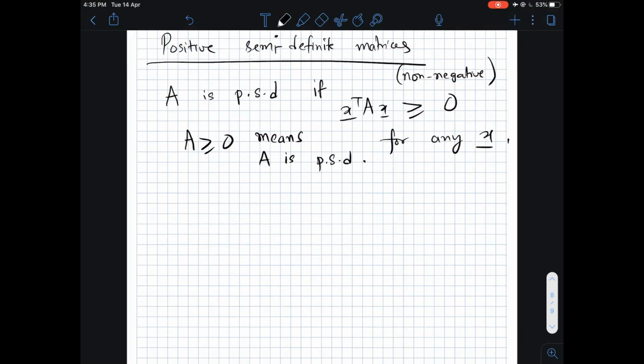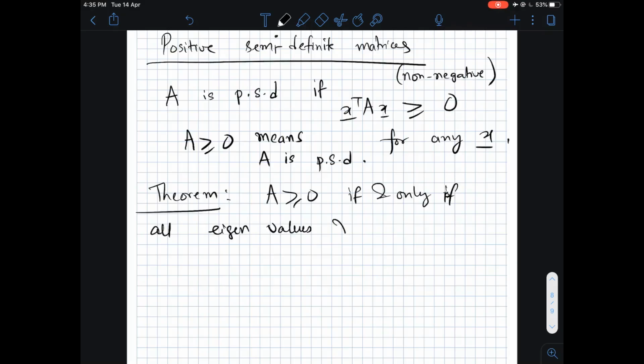A greater than or equal to 0 means A is positive semi-definite. Now the thing to note here is we have a similar theorem for positive semi-definite matrices. A greater than or equal to 0 if and only if all eigenvalues of A are non-negative. In particular this means that we allow some eigenvalues to be 0.